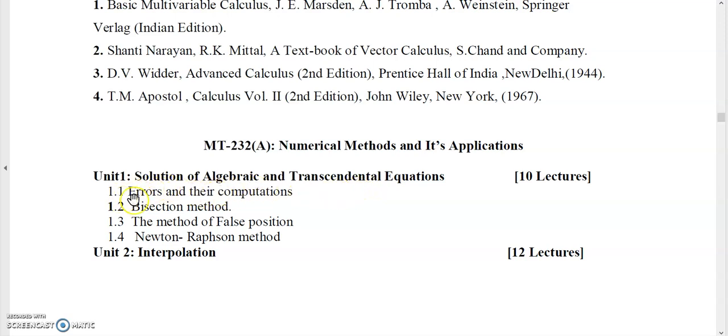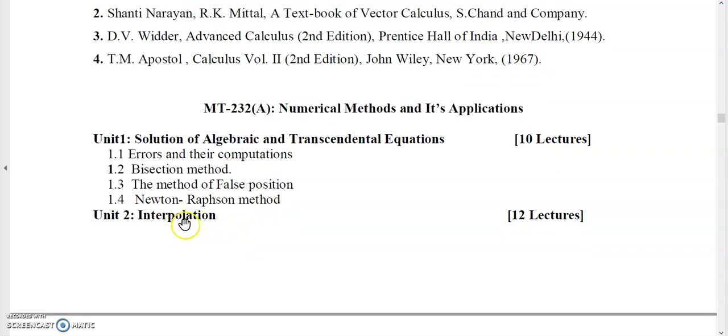Article 1.1 is Errors and their computations. Article 1.2 covers the bisection method, the method of false position, and the Newton-Raphson method. All these methods are used to find roots of a polynomial.